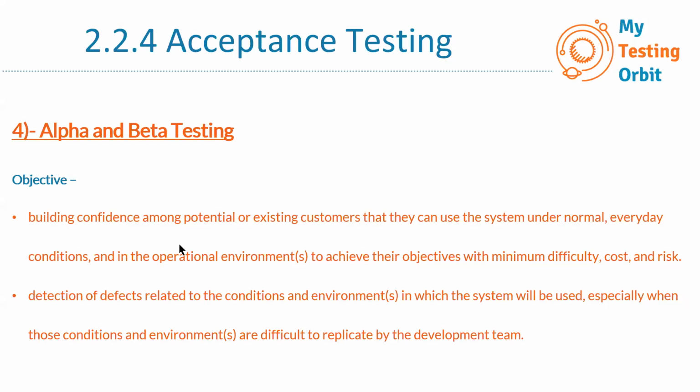Let's say we have another environment for disaster recovery, and if one environment is not working, after disaster recovery everything is moved to another location. At that point, a system tester can help the operations team do some testing based on their test cases. But the objective of OAT is totally different. So I hope this is clear.